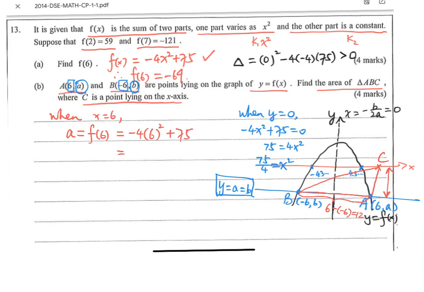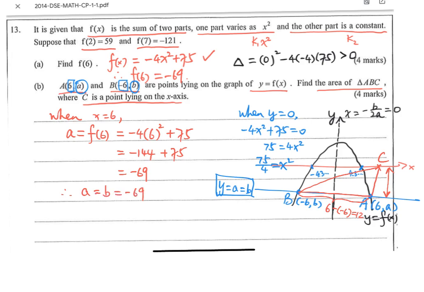So 36, 144 plus 75. This is negative, so -69. Therefore, A equal to B equal to -69.